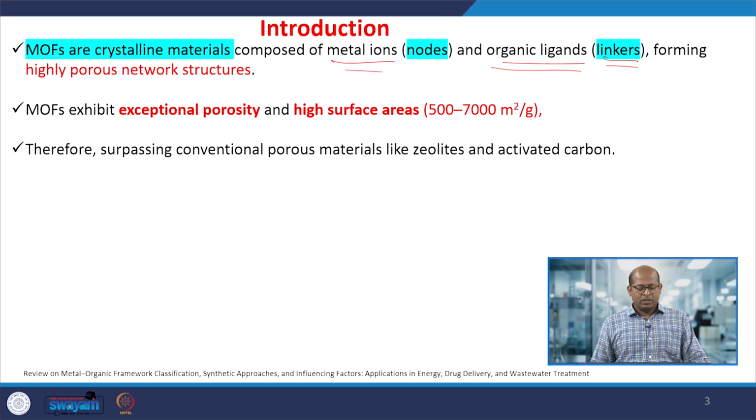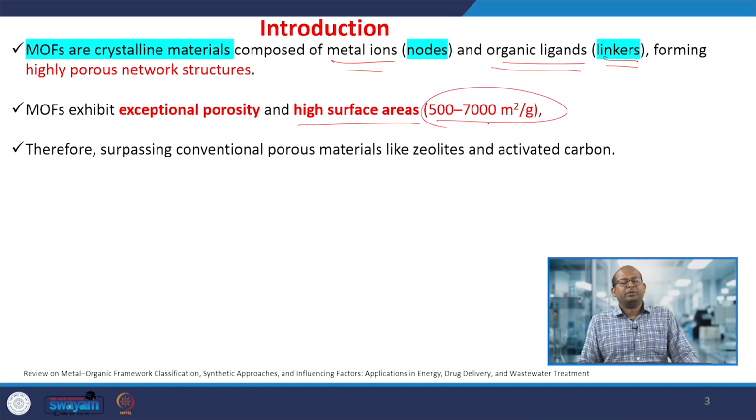Why are we interested in this type of materials? Because they are exceptionally porous and have a high specific surface area, 500 to 7000 square meters per gram. Extremely high surface area is present in MOF materials.